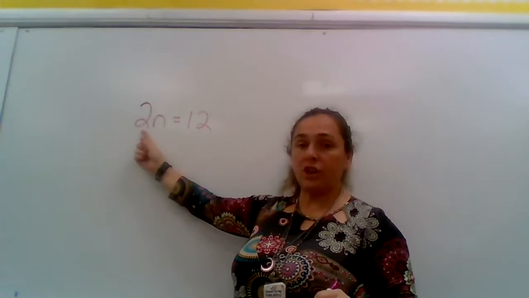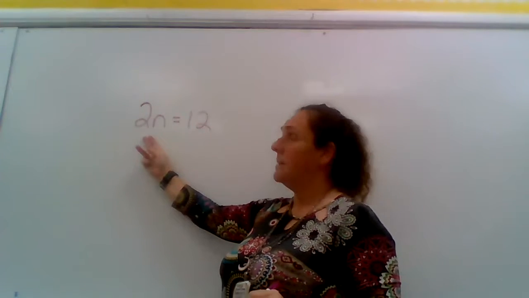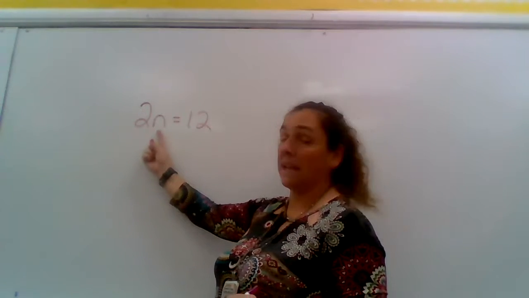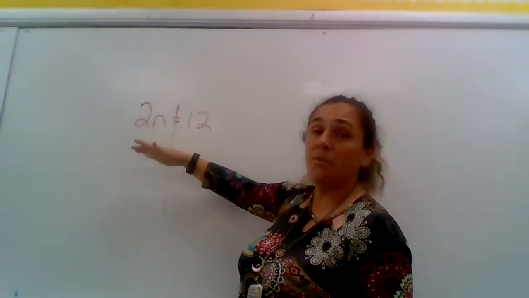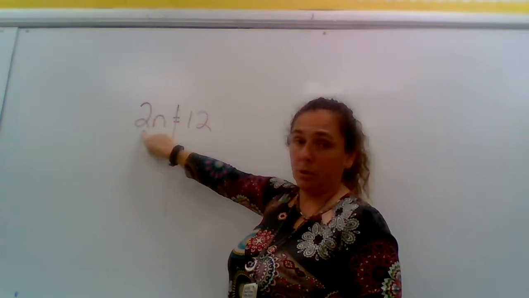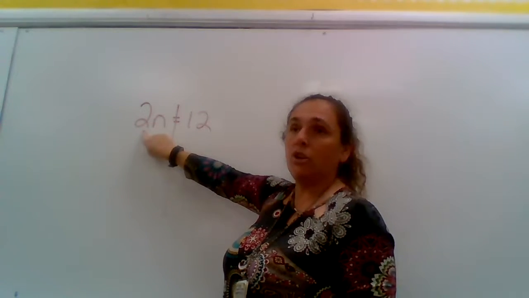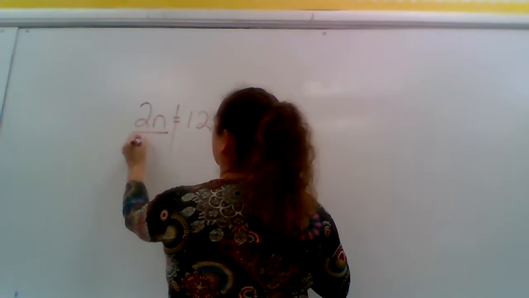So, for instance, remember that when the coefficient and the variable are together, that means the operation of multiply. Now, so we have 2 times n is equal to 12. So you're going to, same steps, find your variable, what operation is going on with your variable. To undo it, you need to do the inverse. So instead of multiplying by 2, I'm going to divide by 2.